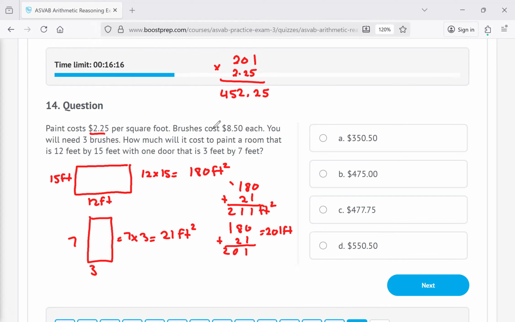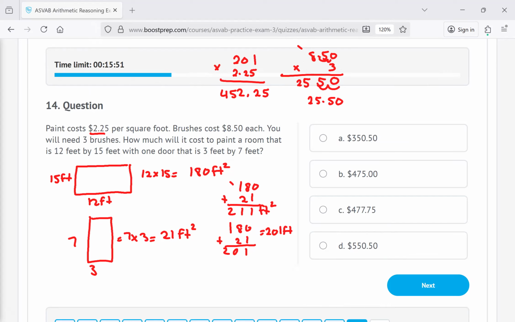Then we also have to bring in the brushes. So it costs 8.50 each, and you need 3. So it's 8.50 times 3. 5 times 3 is 15. Carry the 1. 8 times 3 is 24, plus 1, 25. 2 decimal places, 1, 2. That's 25.50.